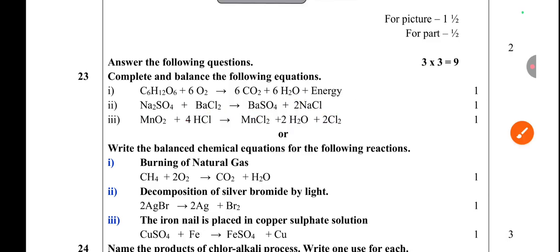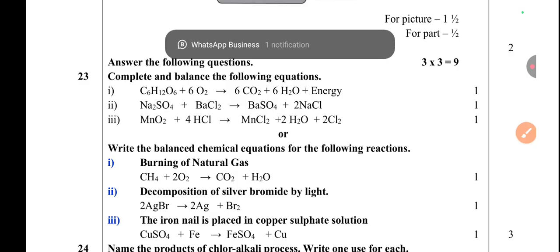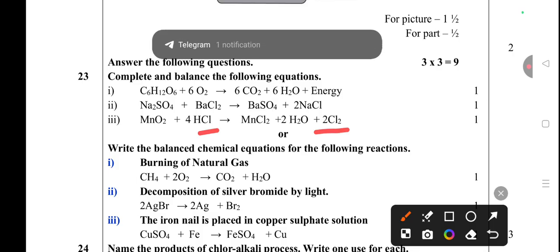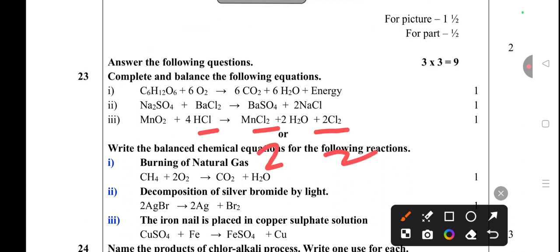Then MnO2, manganese oxide, reacts with hydrochloric acid. What does it give? Manganese chloride, water, and chlorine. To balance chlorine, here 1 chlorine is there, here 2 chlorines are there. Here also 2 are there, here 2, here 2, total 4 chlorines required.